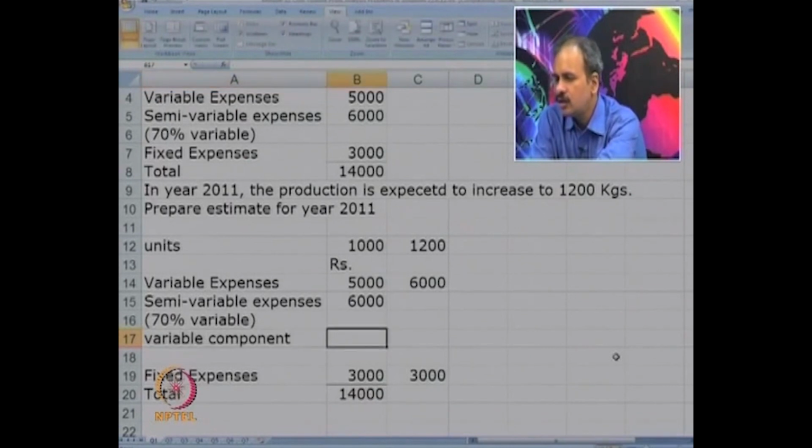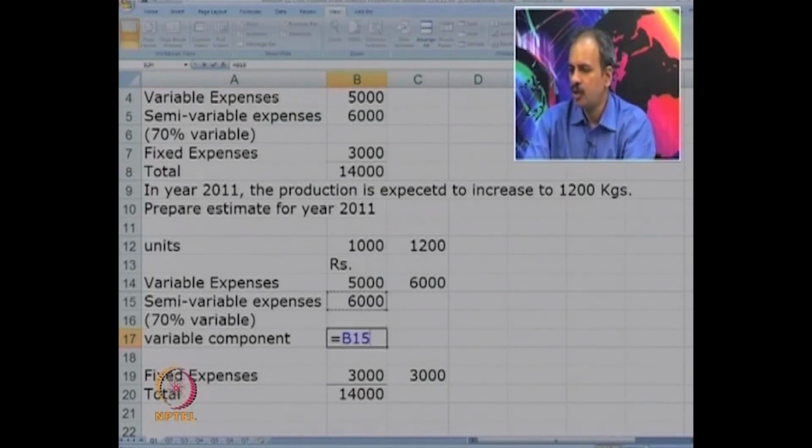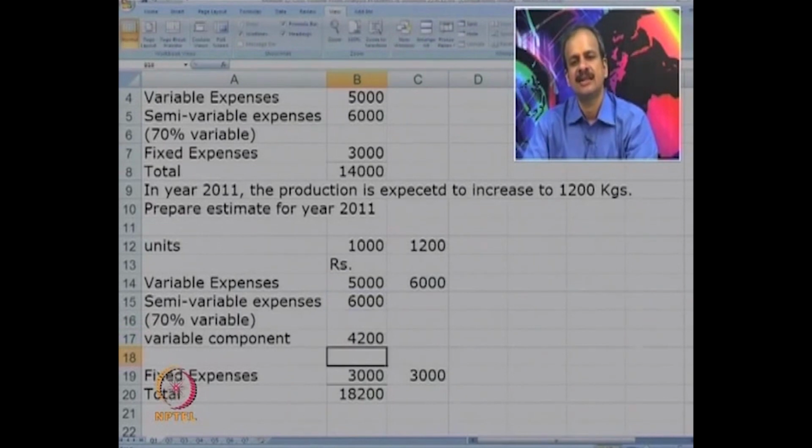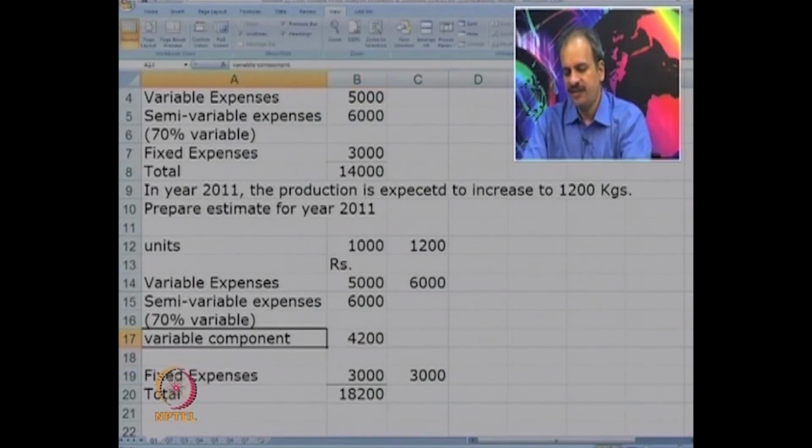The cost of 6000, I will try to break to know its variable component. So it's 6000 into 0.7 because 70% is variable. So it becomes 4200 and remaining 30% is a fixed component.